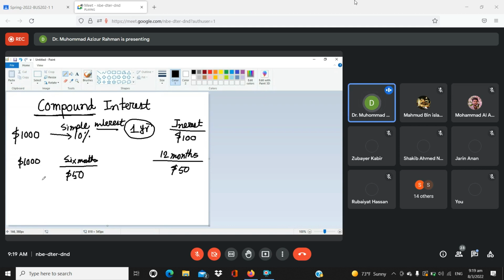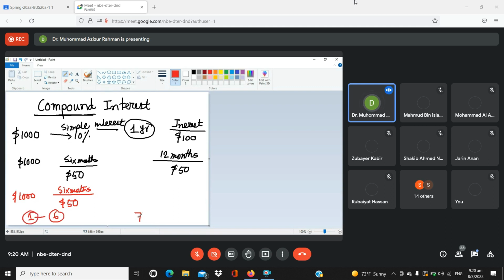So now I say no, my interest rate will be calculated half yearly. Everything should be half yearly. If you invest 1,000, 6 months later, how much will I get? $50, right? Yes, sir. So this is calculation of the first 6 months.